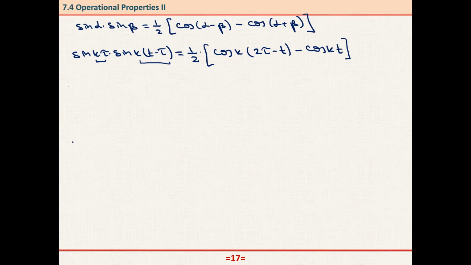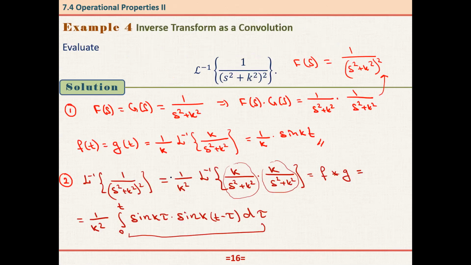Okay. So now if we substitute there, what did we get here? Then Laplace inverse of 1 over s squared plus k squared, right? That is equal to 1 over 2k squared, because this 2 comes out. In the example here, we had 1 over k squared, right?